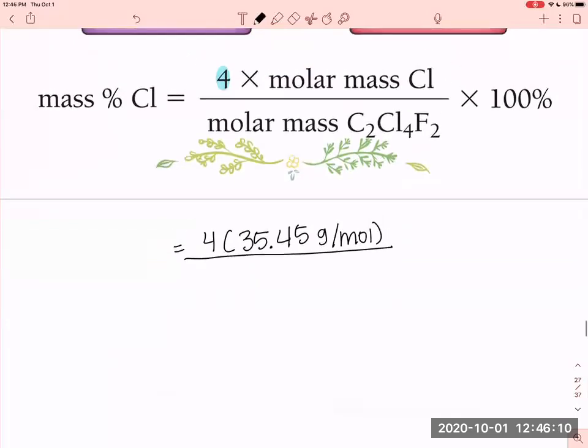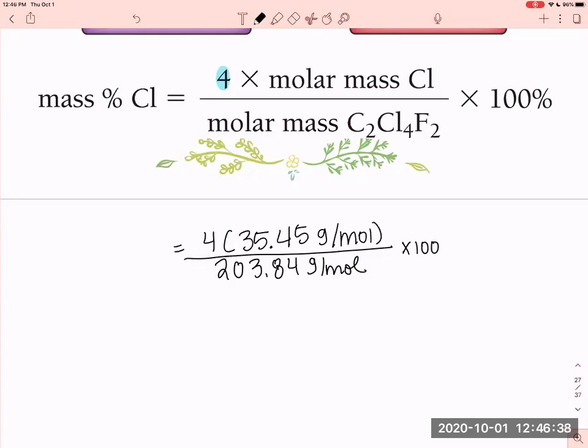Okay. Over the total molar mass of C2Cl4F2. And I'm just going to put this all in my calculator. You will get very good at calculating molar masses, but feel free to write it out as you begin to learn this. If you want to see that written out, how I got this number, please text me right now and ask me how I got that number, and I can show you.